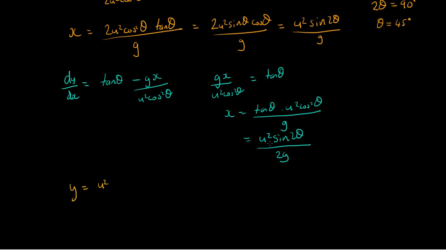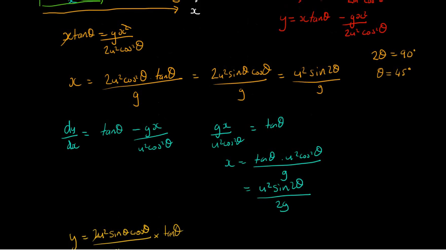It's equivalent, and it just makes it a little bit easier for doing the manipulation. So this ends up being 2 u squared sine theta cos theta divided by 2g. Again, we're going to cancel the 2's here and here, times tan theta, because this was our x value, if you remember.